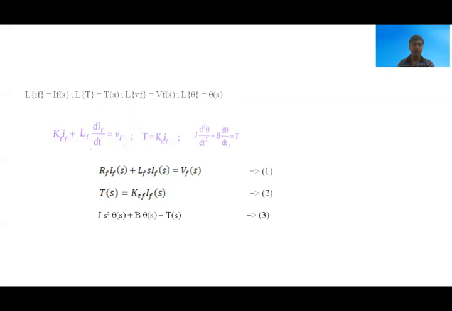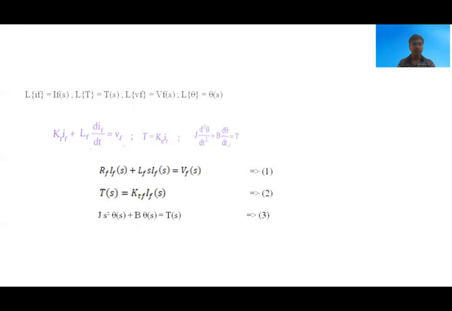Third equation is J s square theta of s plus B s theta of s is equal to T of s. In these equations, the second and third equations have the T of s expression, so we can equate these two. Therefore, we will get Ktf into If of s is equal to J s square theta of s plus B s theta of s.